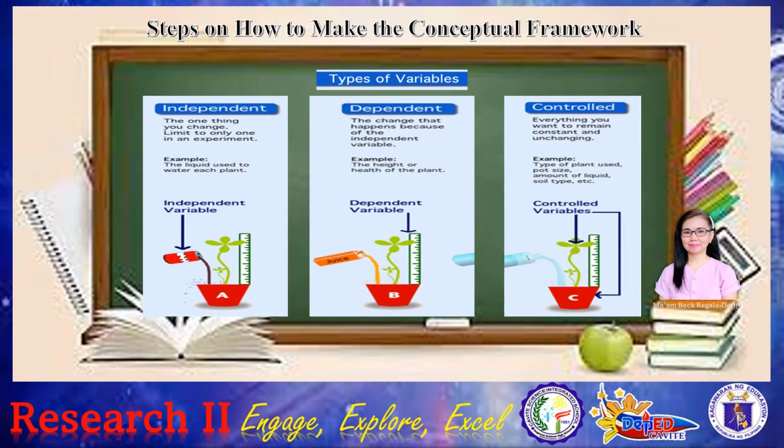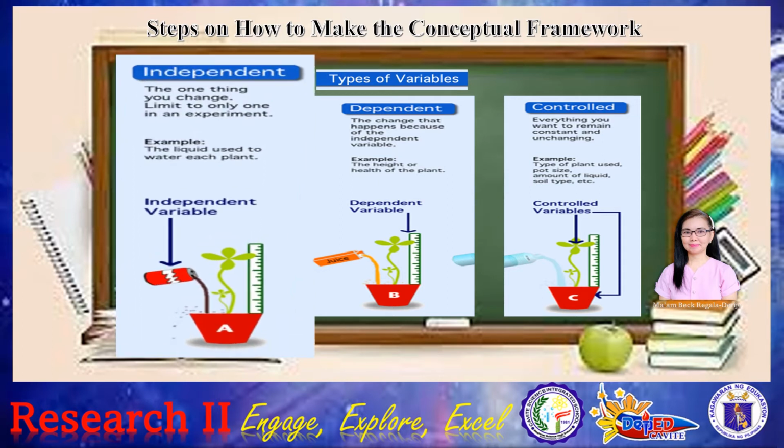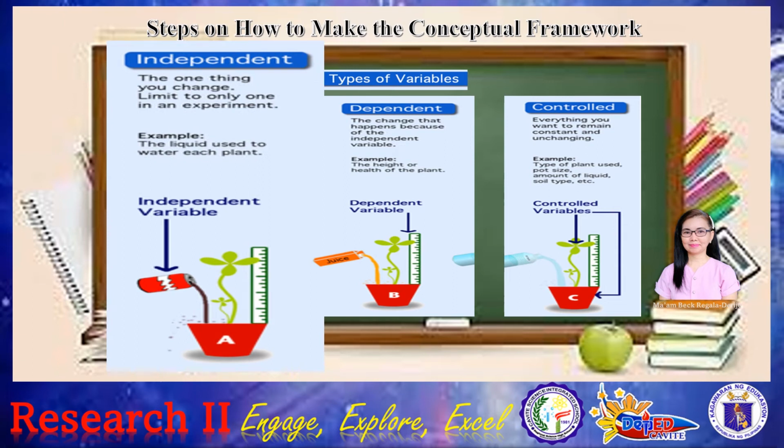When we say independent variable, this is the one thing you change. Ito yung binabago sa isang experiment. Limit to only one in an experiment. So, for example, tingnan natin itong study na ito sa diagram. So, the study, if you will notice, ay parang effect of different types of liquid on the growth of a plant.